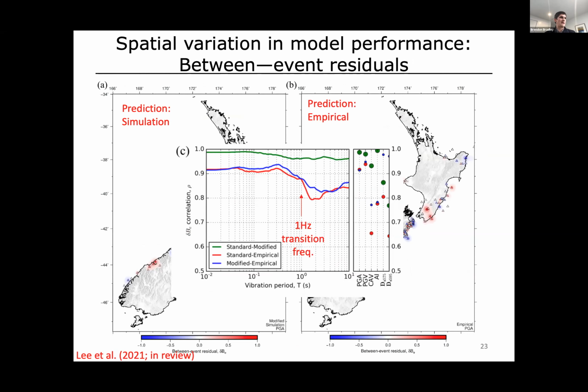And so then this plot at the forefront is showing that correlation in the between event term. In particular, if you focus on the blue line between the modified version of the simulation and the empirical ground motion prediction.